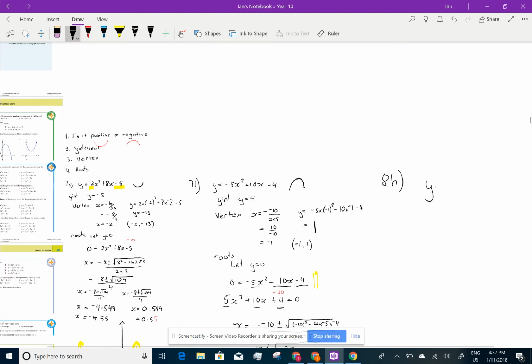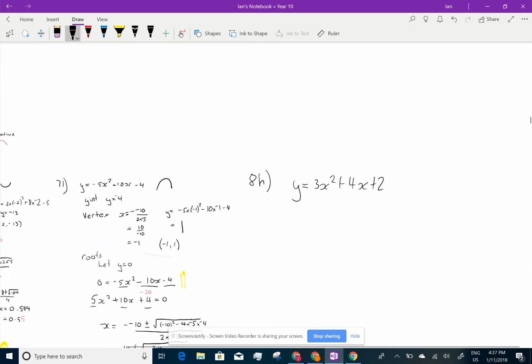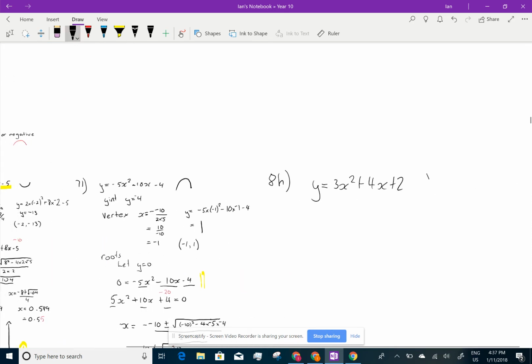All right, first of all, positive parabola. The y-intercept is y equals 2.